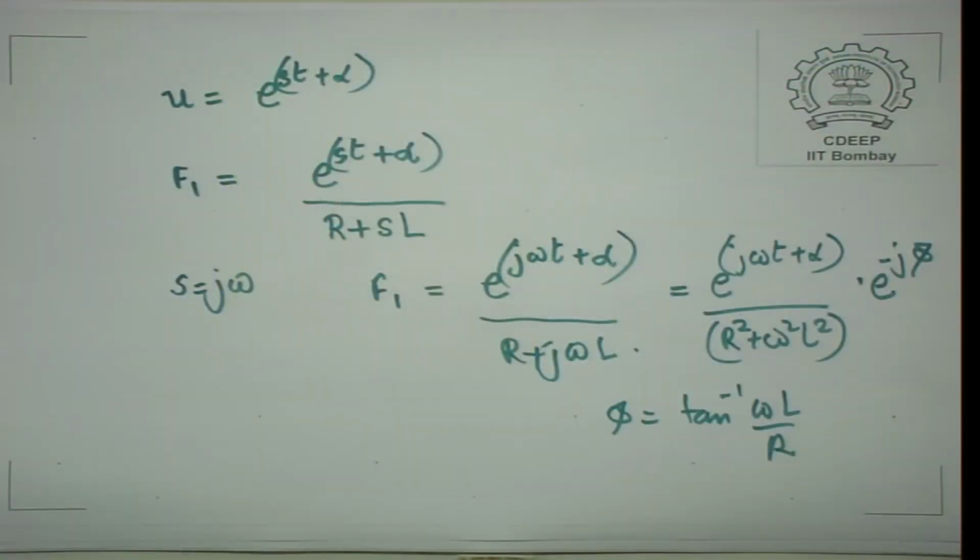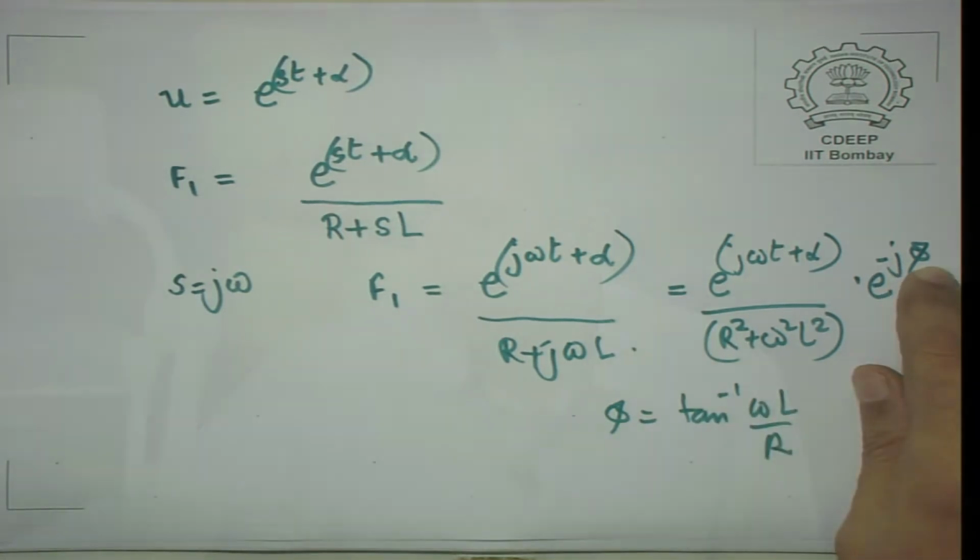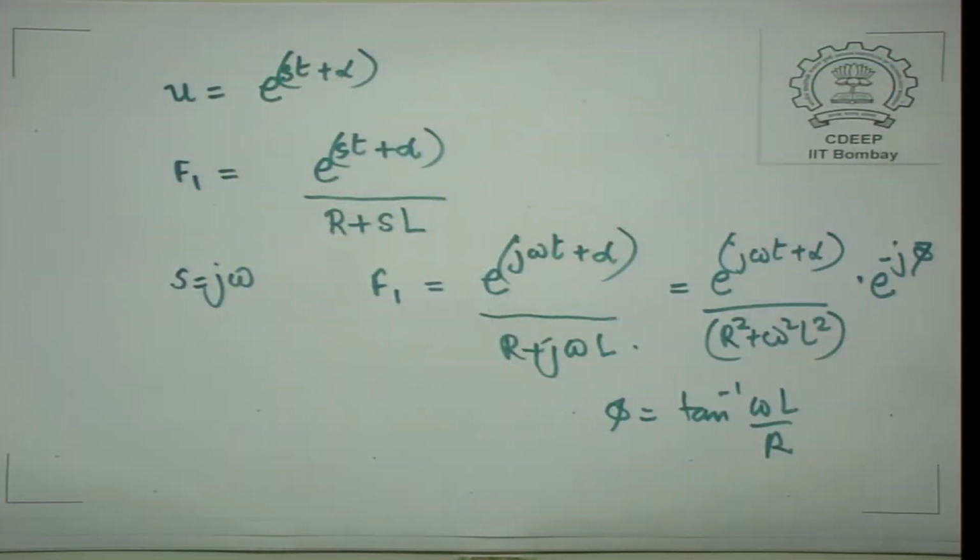So, this is an interesting application of complex numbers here, because the same information, that is a phase shift of phi and a scaling of R square plus omega square L square, is simply obtained by putting S is equal to j omega. So, this is a very interesting way of representing the sinusoidal steady state.